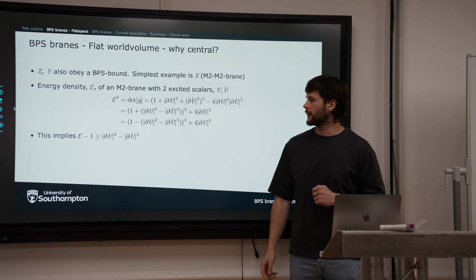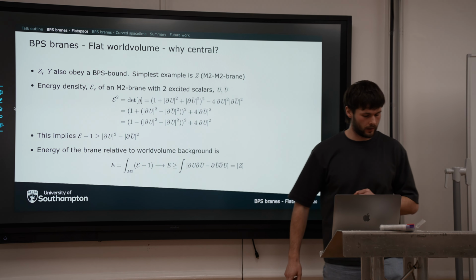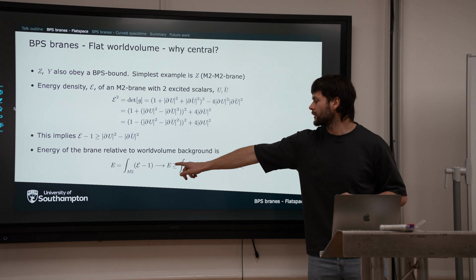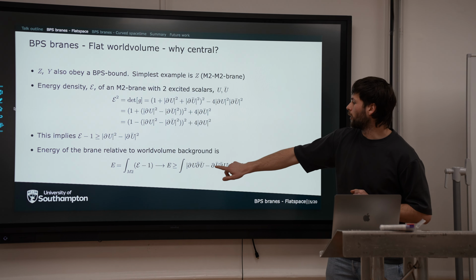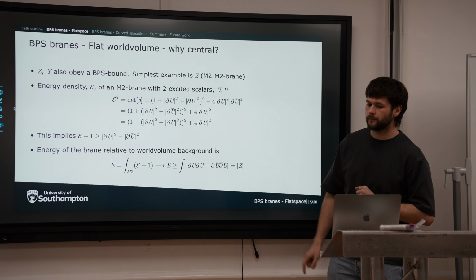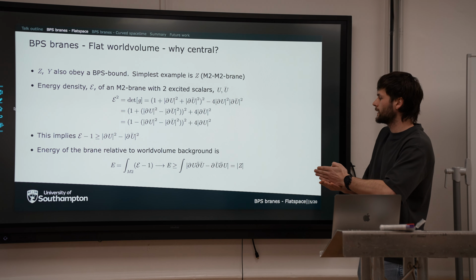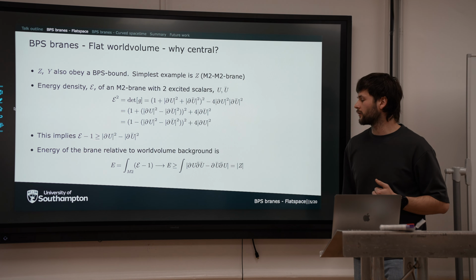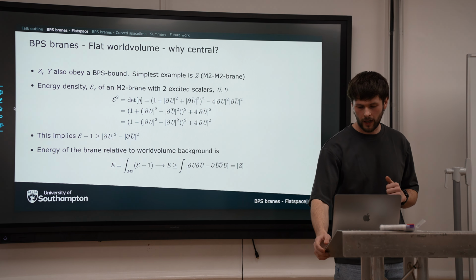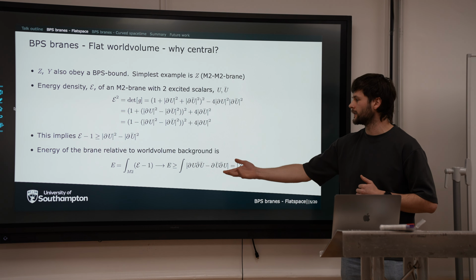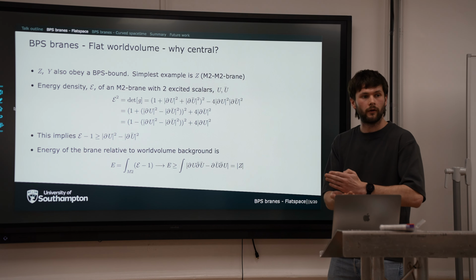Altogether, this implies the following bound, which when integrated over the entire M2 brane world volume, implies that the energy of the brane relative to its vacuum configuration is bounded from below by a quantity that is exactly this term Z. So it not only encodes the information of the space-time BPS intersection, but it is also central from the world volume. So it is also BPS, and one concludes that this is the BPS condition from the world volume perspective.